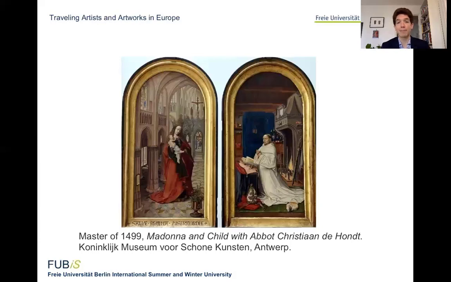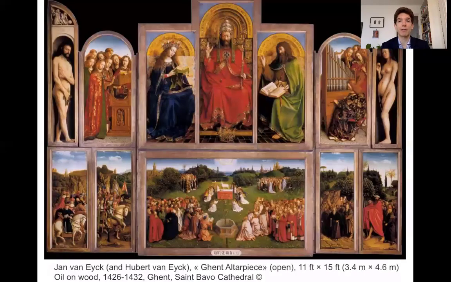At the very same time, of course, Van Eyck painted also very, very big artworks. And this, on the screen, is probably his most famous masterpiece, the so-called Ghent Altarpiece. The name comes from the place where the altarpiece was made and where it still is today, the Church of St. Bavo in Ghent.